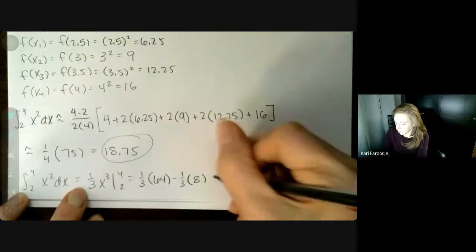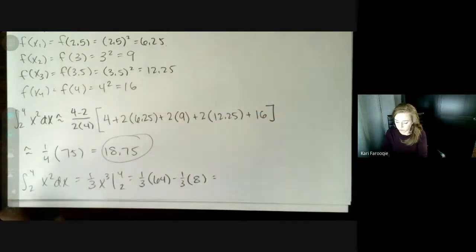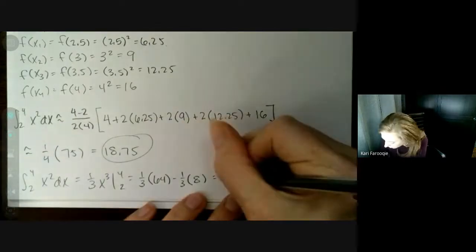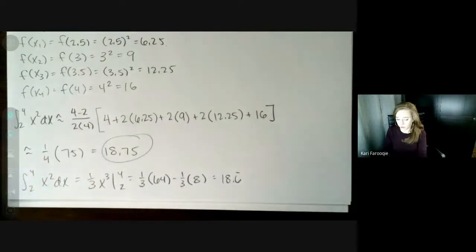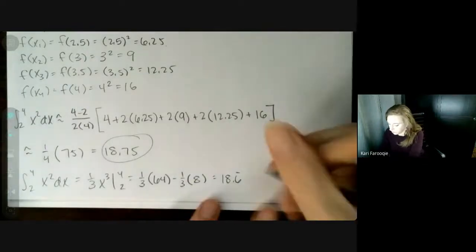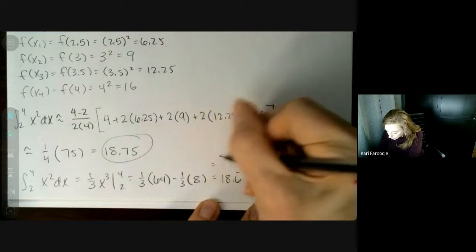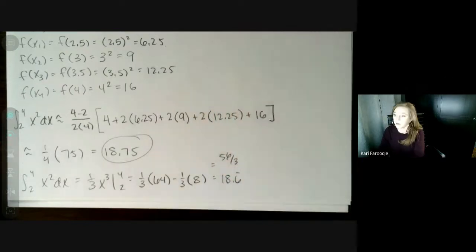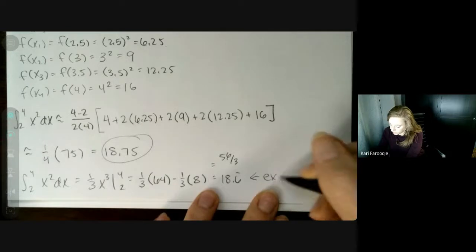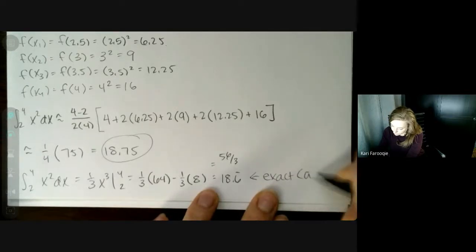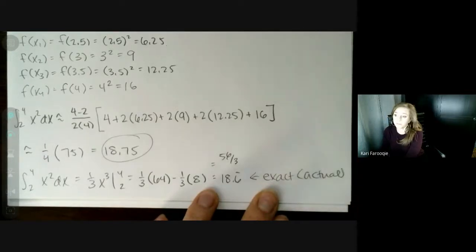So 64 thirds minus 8 thirds is 18.6 repeating. It's also the fraction 56 thirds. So this is the exact value, the actual value of the integral.